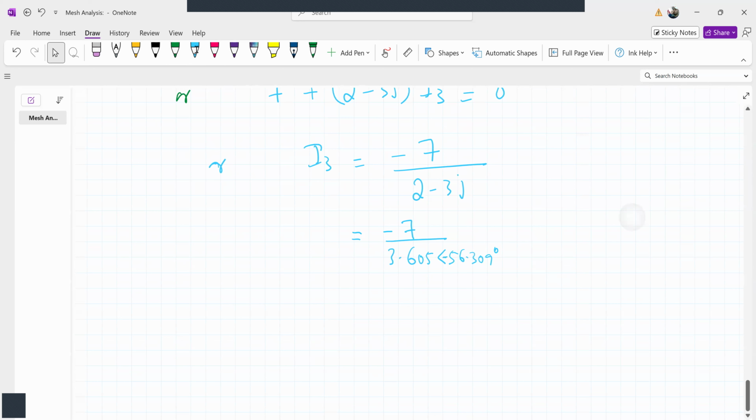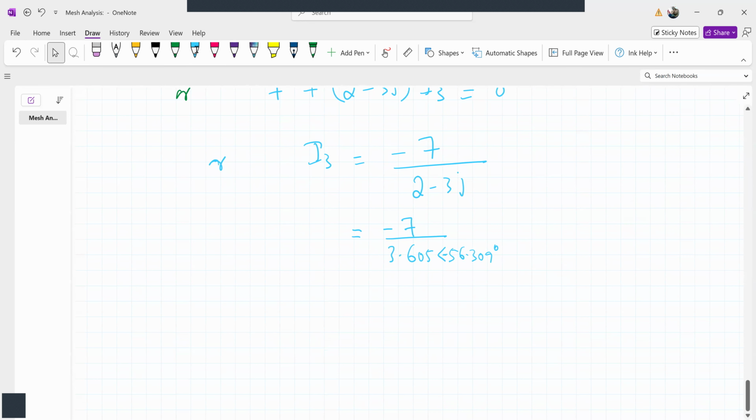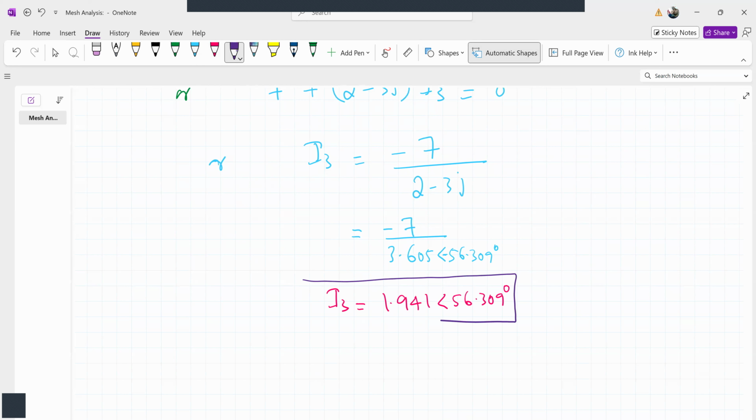Please check the calculations one more time. I think I made a calculation mistake in the previous problem. So this is the answer. Please check whether these calculations are correct or incorrect. Okay, this is our I3.